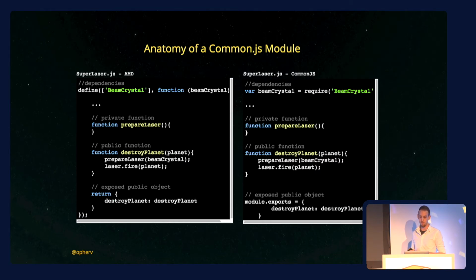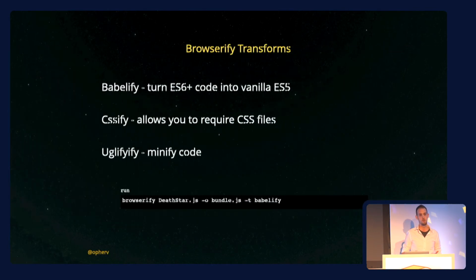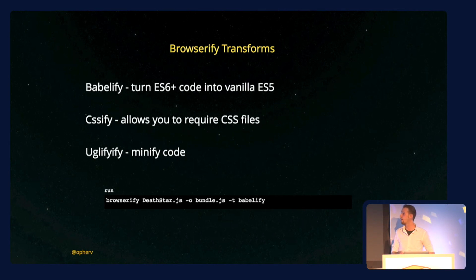And the other difference here is that in order to tell the module what to export, you use the module.exports reserved keyword. So that's CommonJS versus AMD. Browserify also has the notion of transforms, which are little pieces of code that allow you to take one input and turn it into some sort of output.